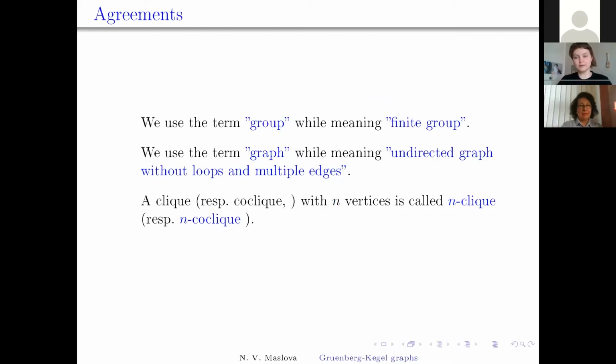And a co-clique is a graph with n vertices and no edges. So it's just small agreements. My terminology is mostly standard for finite group theory. However, I will remind some standard definitions for best understanding of the main results.